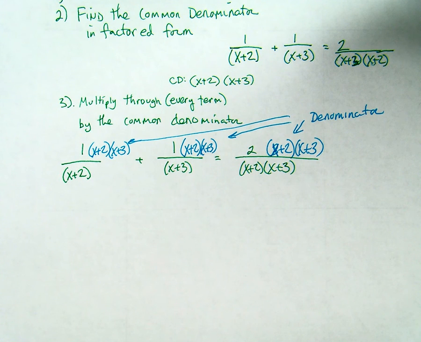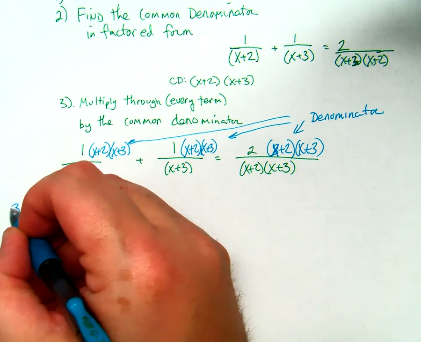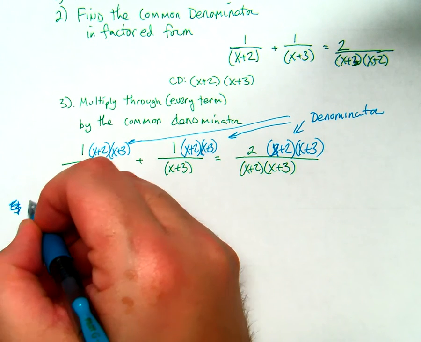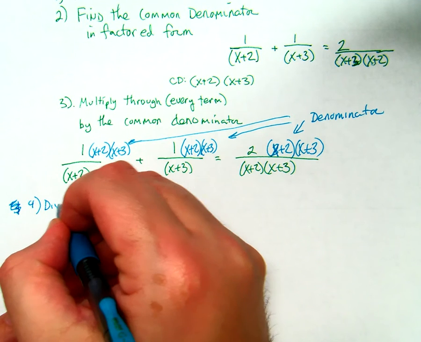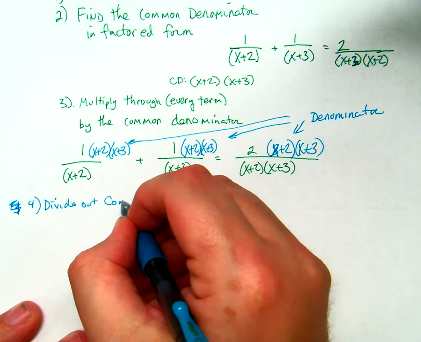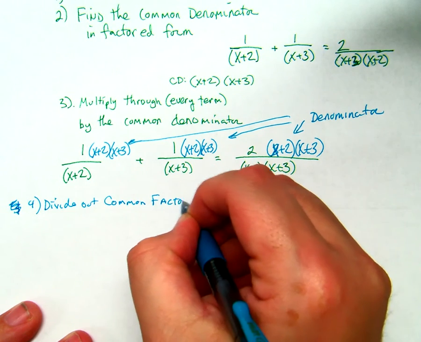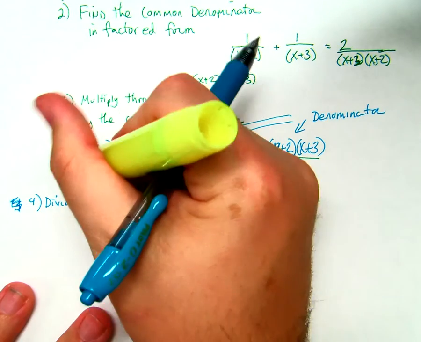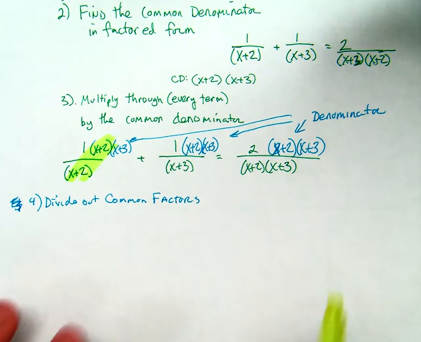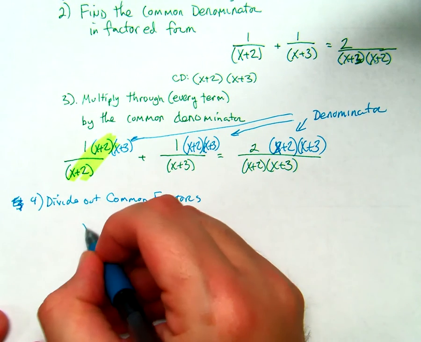Yeah, the x plus 2. Divide out your common factors. So those two divide out, and I'm left with x plus 3 in the first term.